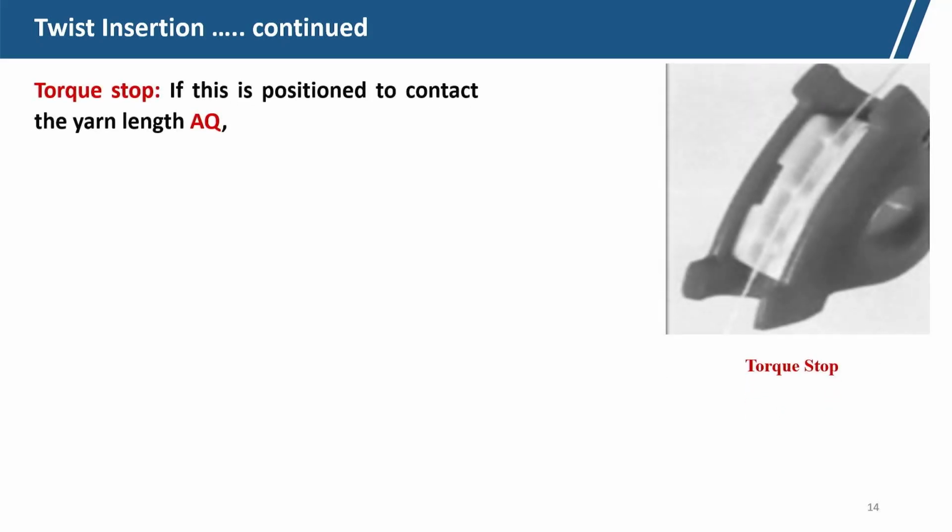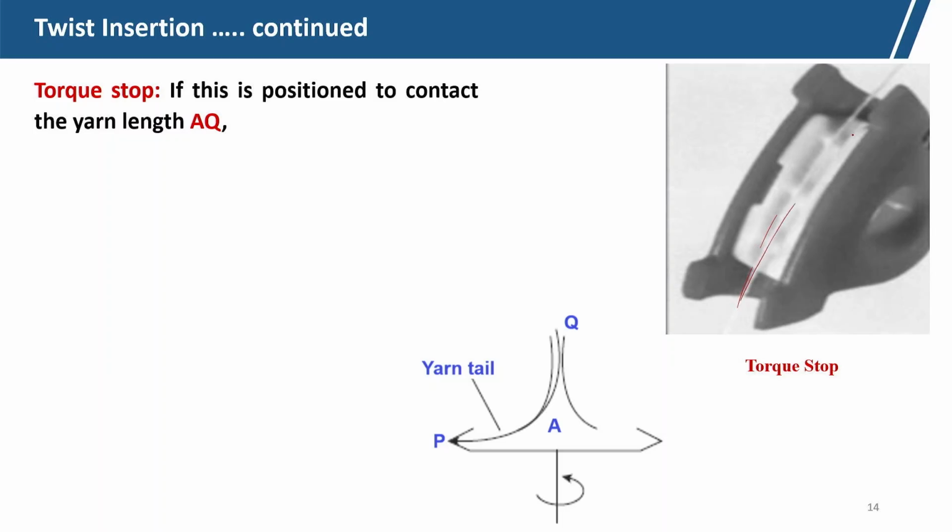Now, here you can see the torque stop in the AQ zone. This is the position. In the AQ zone we sometimes use a torque stop. If it is positioned at the contact of the yarn length AQ, then the twist flow along AQ will be restricted.